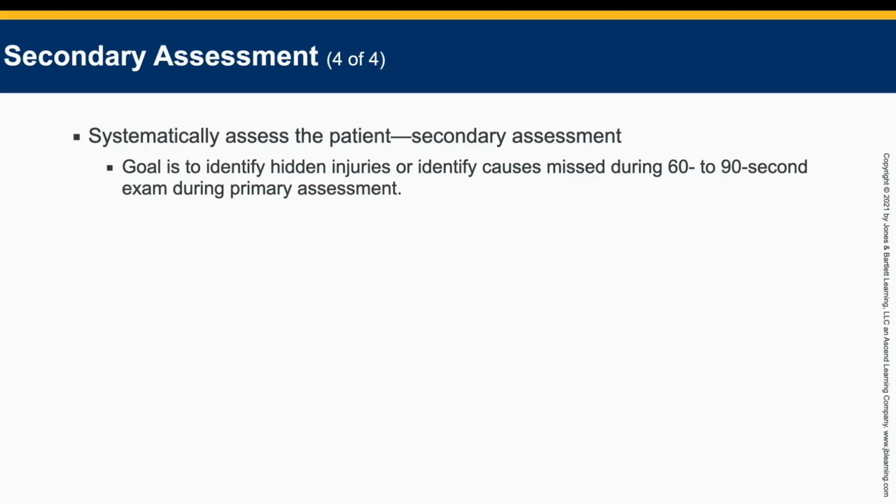Because that assessment happens quickly, some injuries or conditions may not be immediately obvious. So the secondary assessment allows us to slow down and examine the patient more thoroughly, helping to uncover additional injuries or medical problems that might still require our attention.